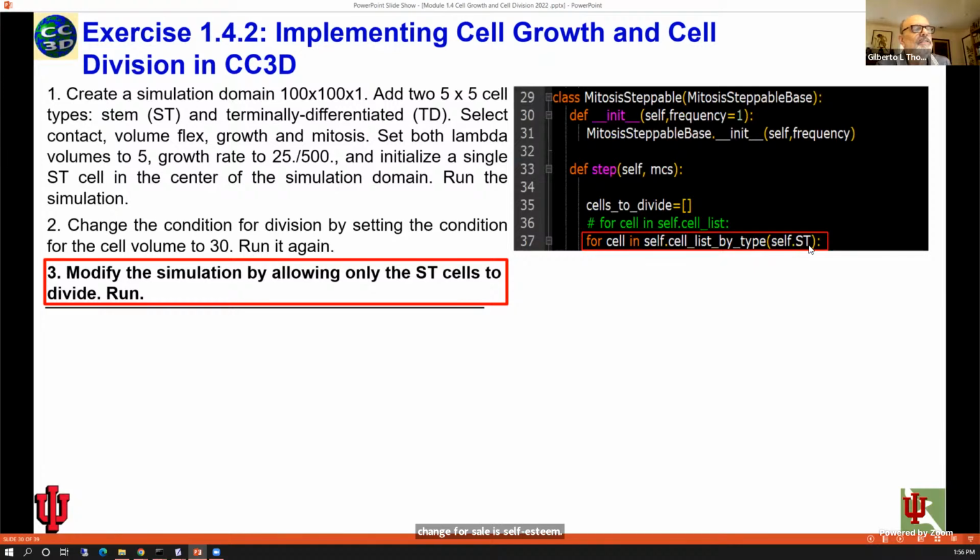I mean, we are going to check only if the stem cells have the volume above 30 to be included in the divided list. Include this in your code. Don't change anything else.